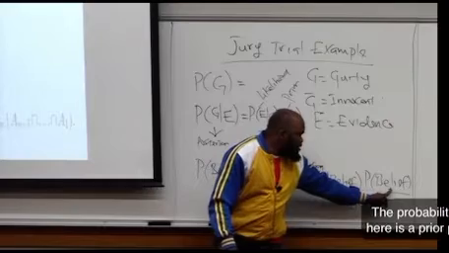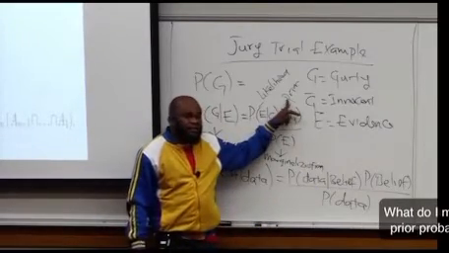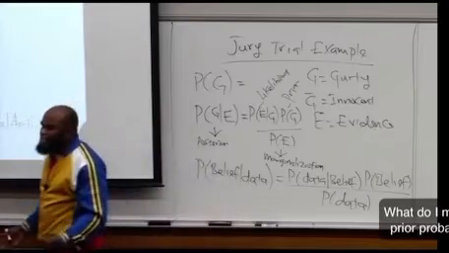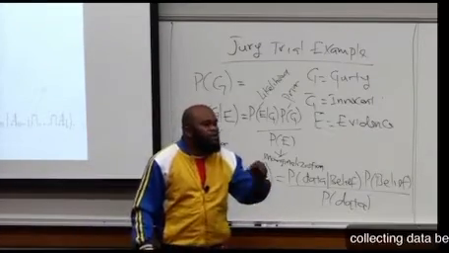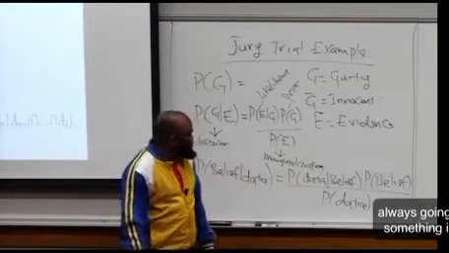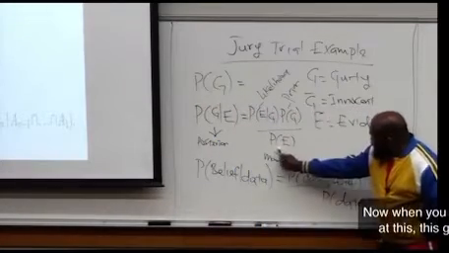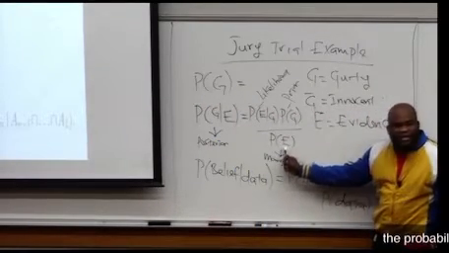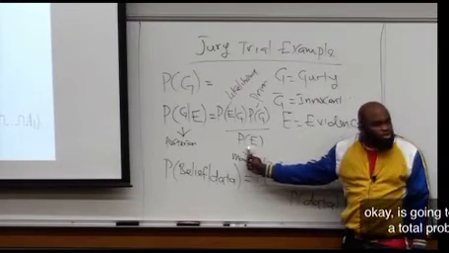The probability of belief here is a prior probability. What do I mean by prior probability? A probability of the state of nature even before collecting data, because they're always going to have something in mind. Now, when you take a look at this, the probability of E is going to be called a total probability.